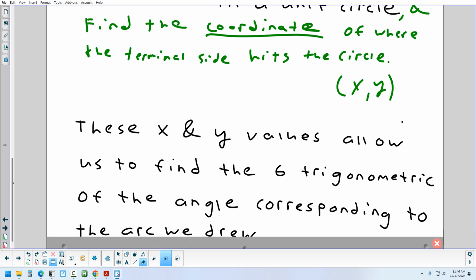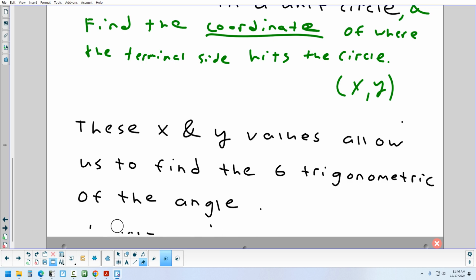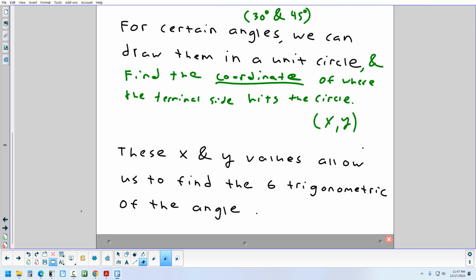I'm just going to word it like that. So those x and y values allow us to find the 6 trig functions of the angle.